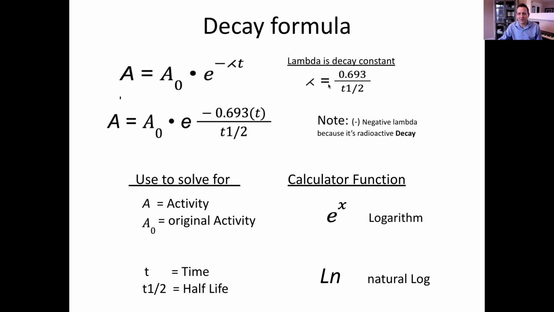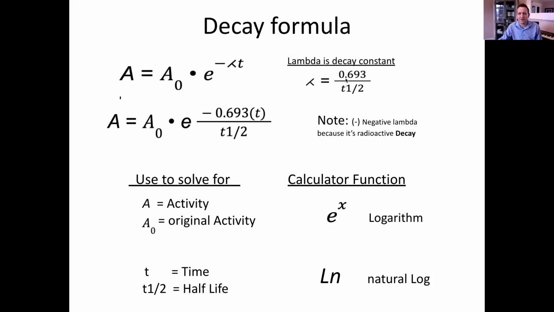But lambda is equal to 0.693 divided by the half-life of whatever isotope you're using. So again, if you're using technetium, it's going to be 6 hours, right? If you're using I-131, it's going to be 8 days. If you're using rubidium, it's going to be 75 seconds. Okay, so that's where this comes from.